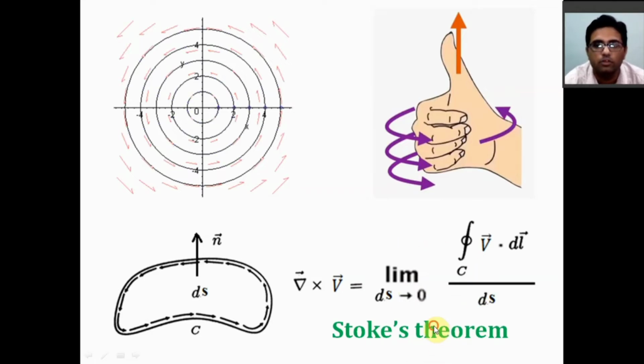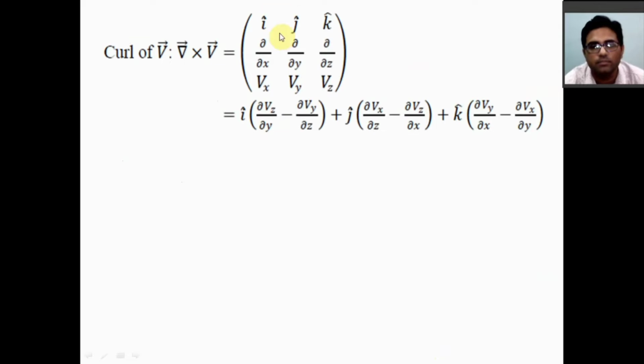Then if we do the detailed calculation, we can write this form of curl of vector field. This is similar to A cross B, which you have studied in your 11th class, right? Now here instead of A vector, we have del operator. What is del operator?